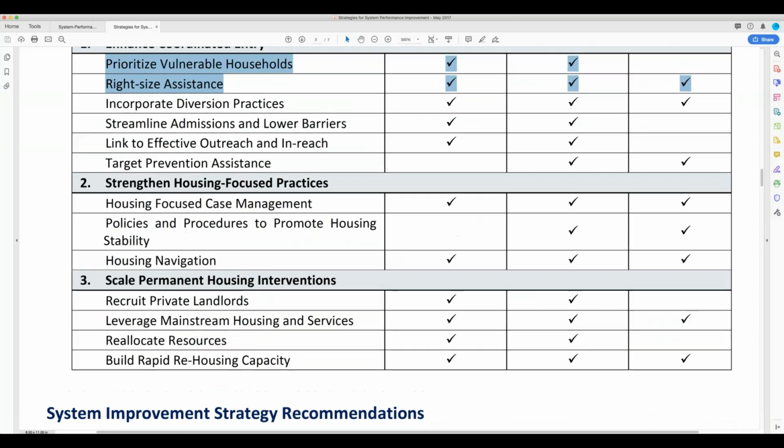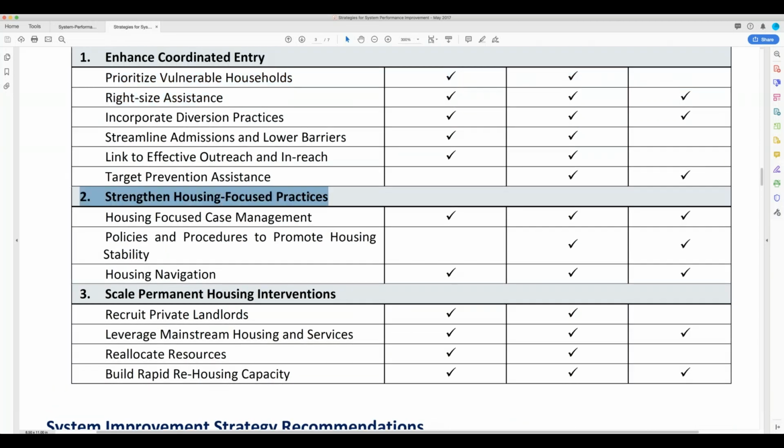Okay, strengthen housing-focused practices. So what's meant by this is the second bullet really in this arsenal from the material that we are looking at for strategies, and housing-focused case management. Okay, so this goes pretty closely along with streamlining admissions and lowering barriers.